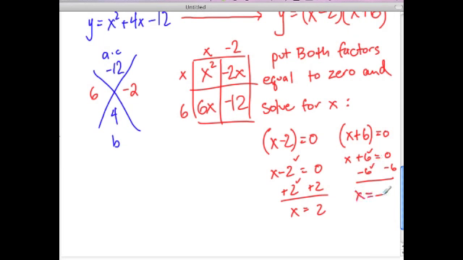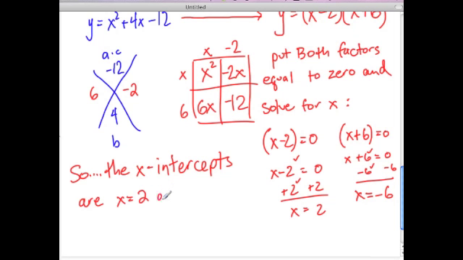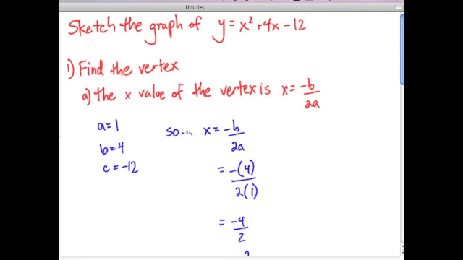So we end up with two x-intercepts, two places that the graph crosses the x-axis. One of those happens at x equals positive 2, and the other one happens at x equals negative 6.